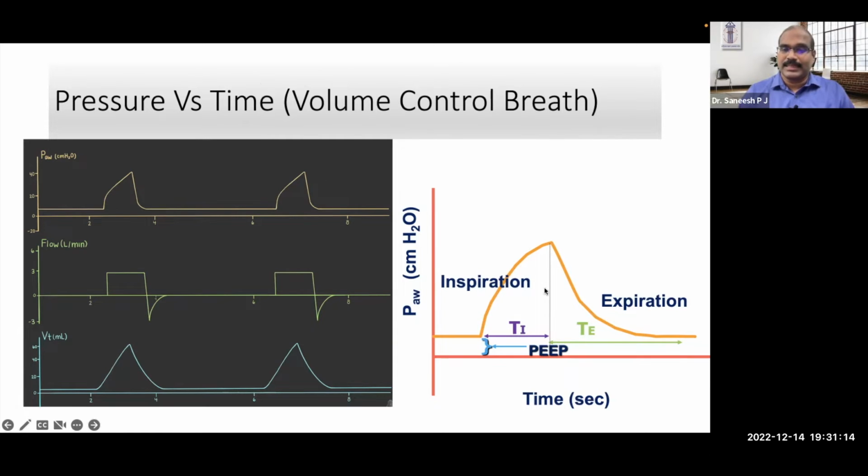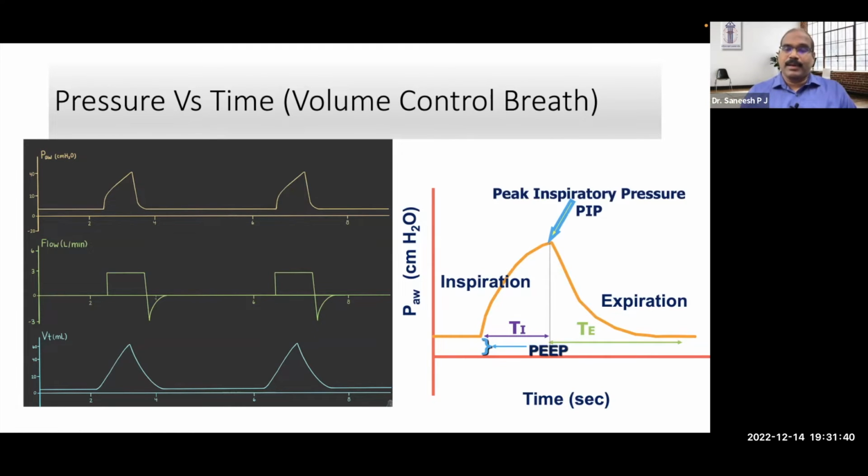This is the typical shape. So now you know what is trigger, what is cycle, what is inspiratory time, exhalation time. And now I hope you have noted that the baseline is slightly above the zero pressure. That is simply what we call positive end expiratory pressure.